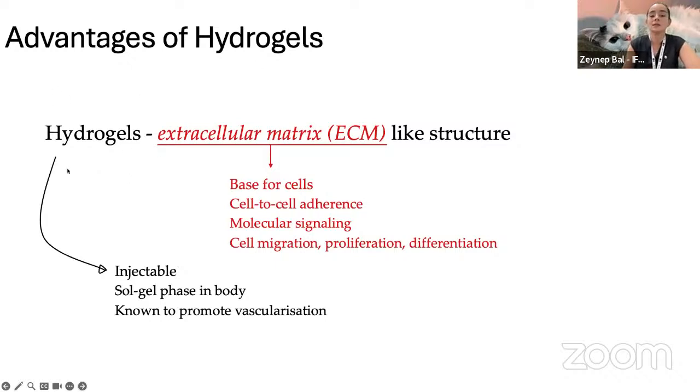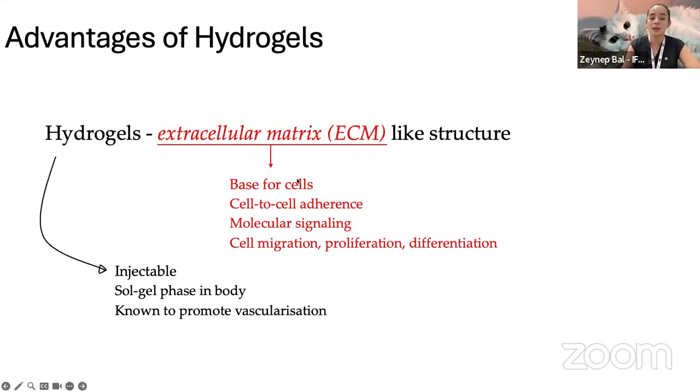But why are these so popular and of interest? Because they mimic the extracellular matrix. So what is the extracellular matrix, and why is mimicking it important? Extracellular matrix is a base for cells. Many types of cells in our bodies want to adhere to something.